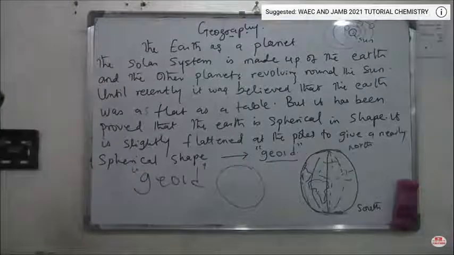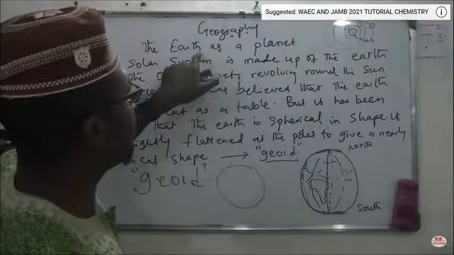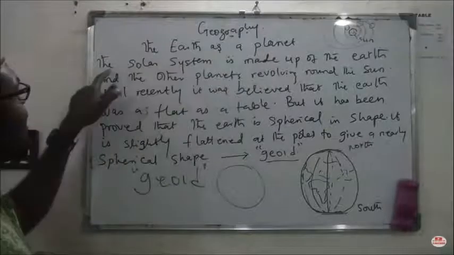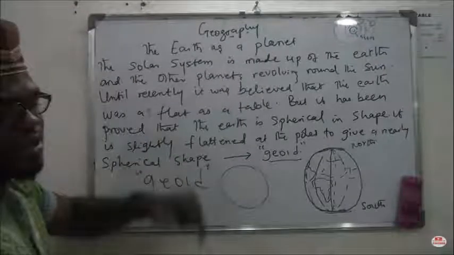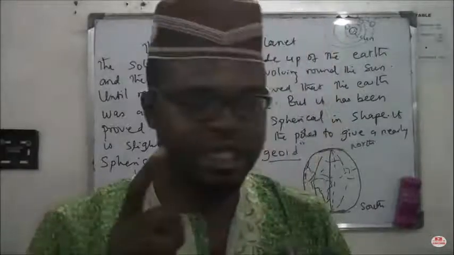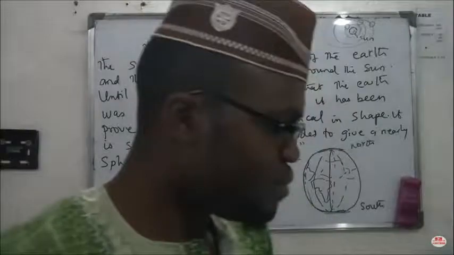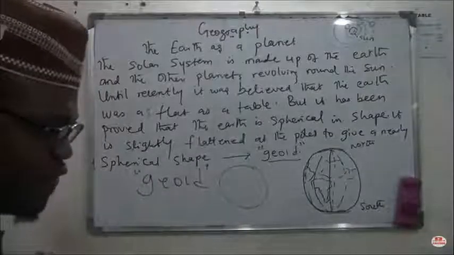So the Earth is one of the planets in the solar system. The solar system is made up of the sun in the middle with the planets revolving around it.